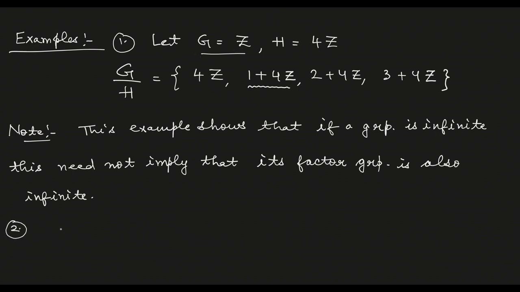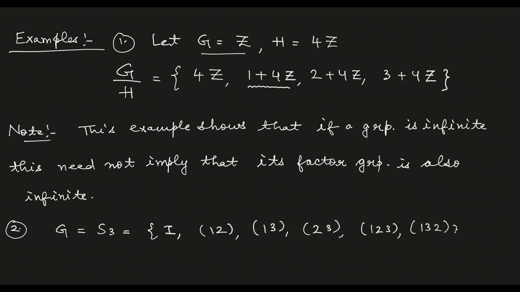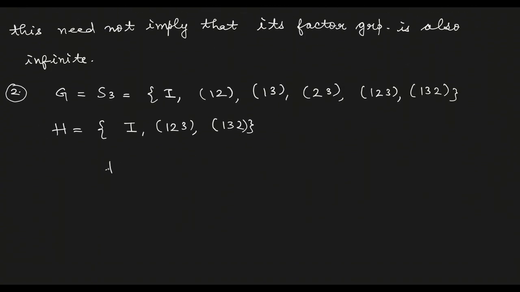Second example, G is equal to S3: identity, (1 2), (1 3), (2 3), (1 2 3), (1 3 2). If I take a subgroup H as identity, (1 2 3), (1 3 2), this is a normal subgroup of S3. Now what will be S3 by H?